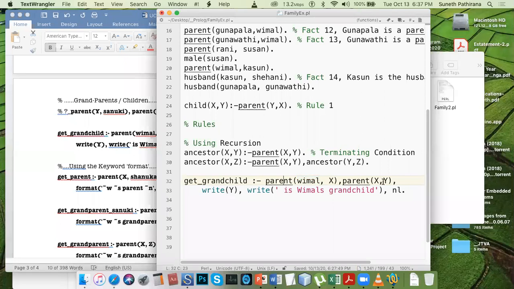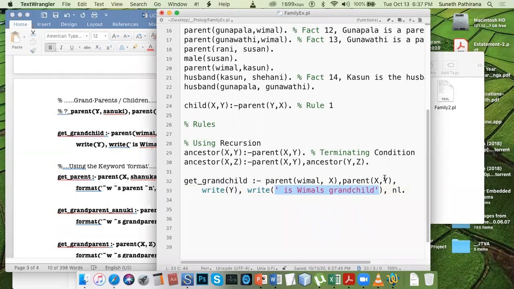Another condition, X is the parent of Y. I write Y. Write Y means display Y. Once I call this function get_grandchild, it displays the value Y, and in addition to that, appends this user-defined text within the single quotes, is Vimal's grandchild.